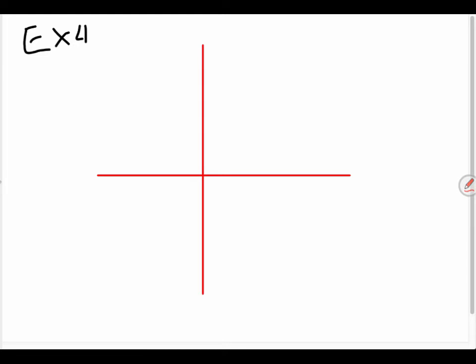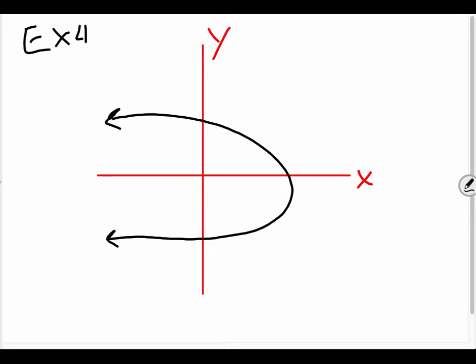Example 4, sometimes you'll have a graph like this, and you'll have a mathematical relationship like that. This has x and y values. Okay?